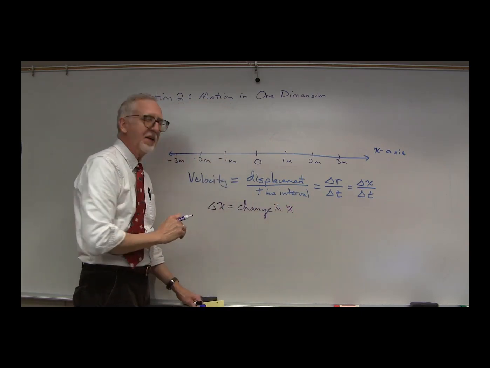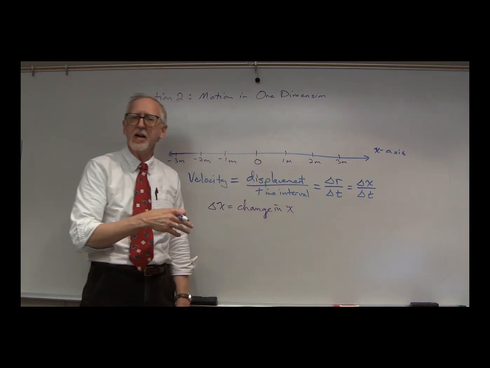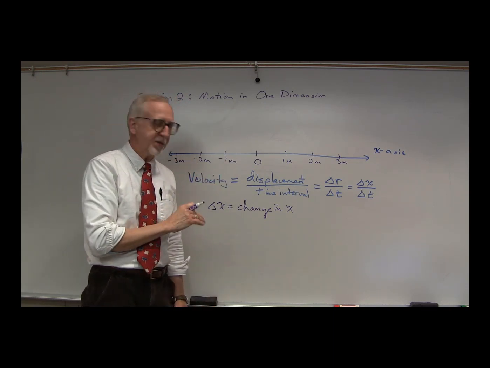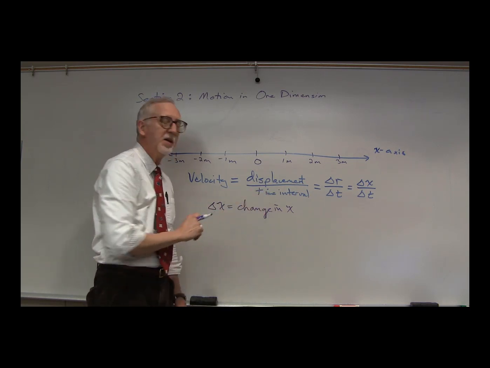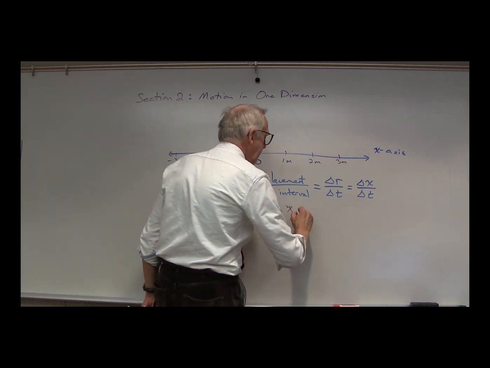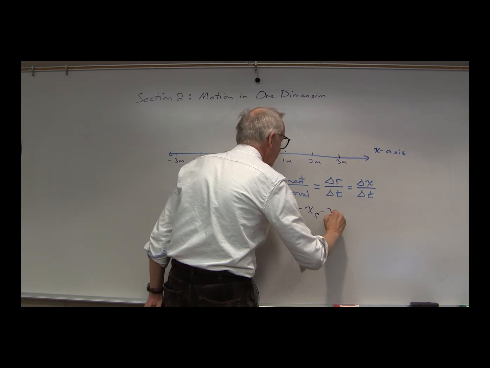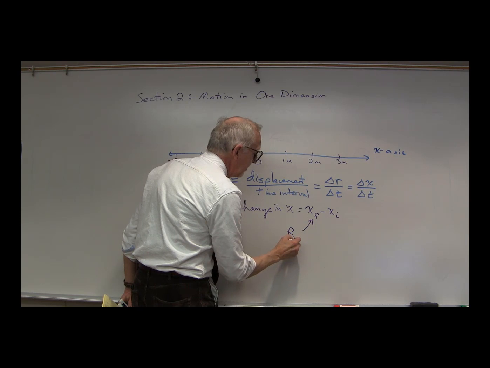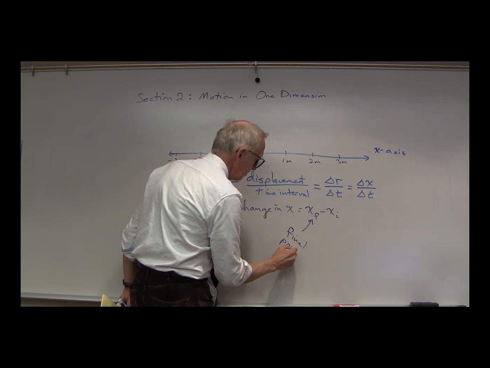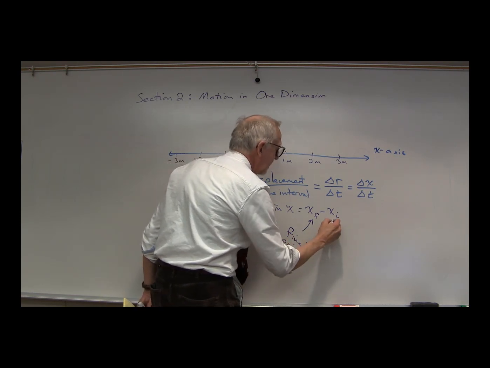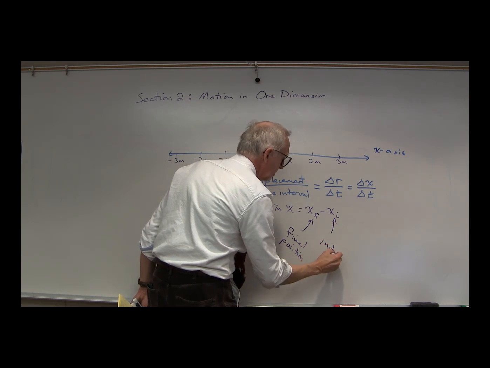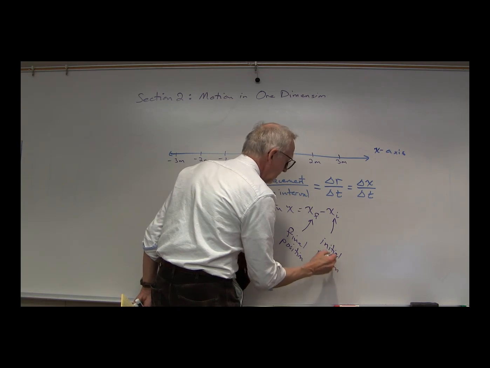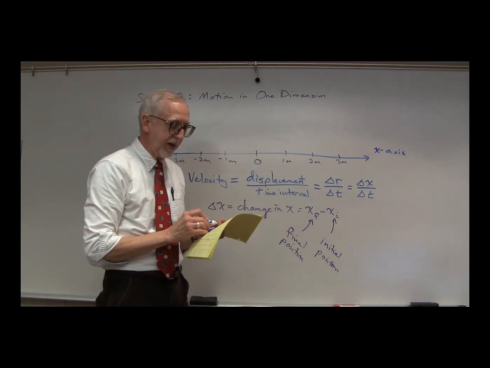So whatever the delta is that you're taking, delta x, delta t, delta r, delta anything, what we mean is the change in that quantity. So delta x means the change in x. And what we mean by that is xf minus xi. In other words, xf is the final position, while xi is the initial position. Okay, these will be terms that we will be using again over and over.